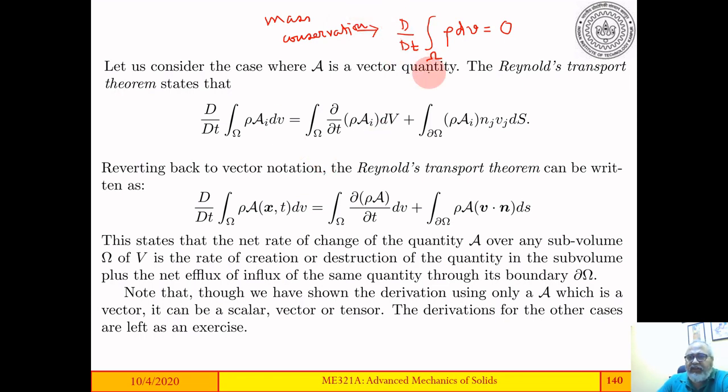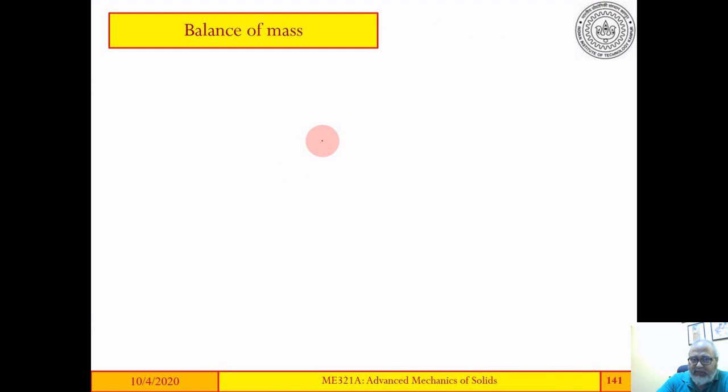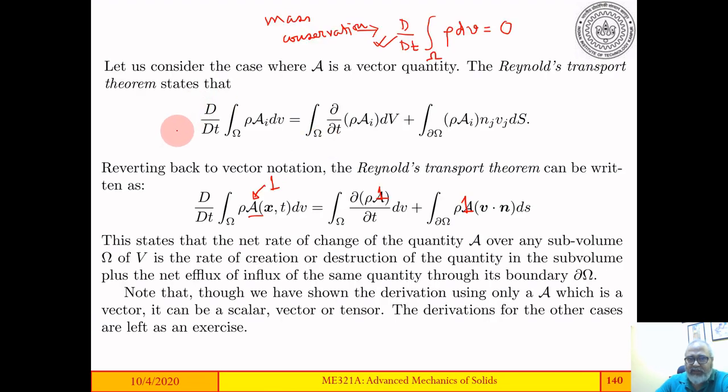And herein, remember, I am talking about mass. So A is per unit mass. So for the case of mass, A is just equal to 1, which if you put 1 here, this is what you will end up getting. So I can write the Reynolds transport theorem now with A reduced to 1. So this is reduced to 1, and this is also reduced to 1. So if I write the Reynolds transport theorem now, I write it in this form.